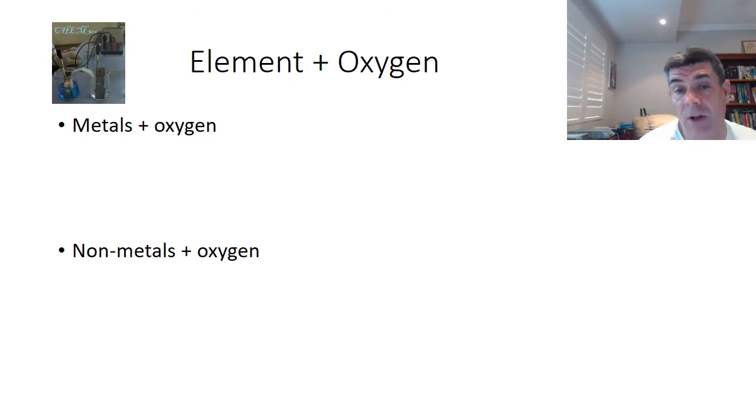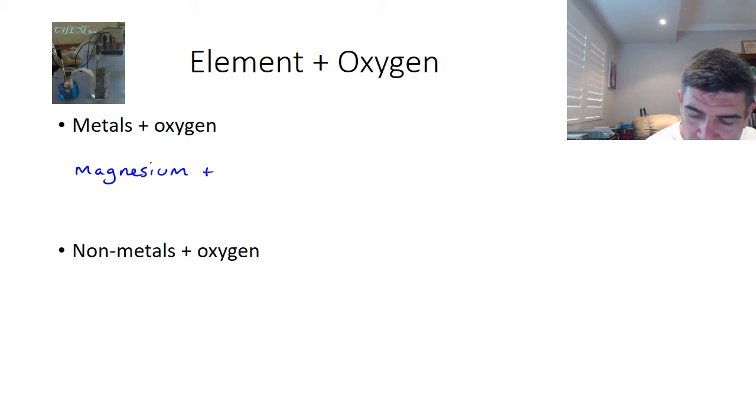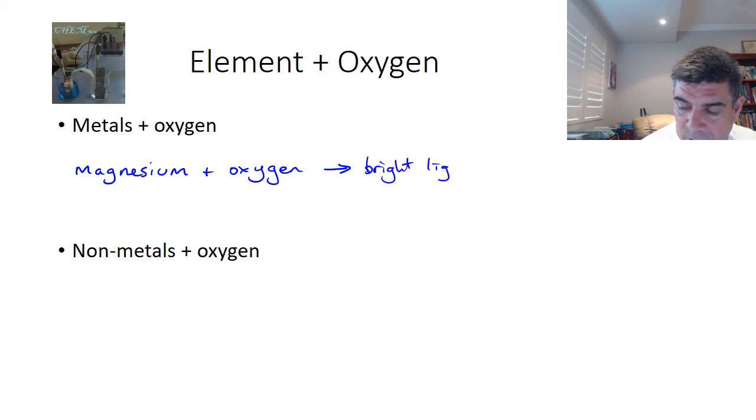So, metal plus oxygen. One of the simplest and certainly most impressive reactions is the reaction between magnesium and oxygen. When these two are reacted together, you get a very bright light, one we ask you not to look at because it can do a little bit of damage to your eyes.